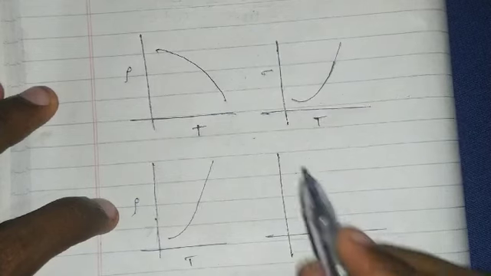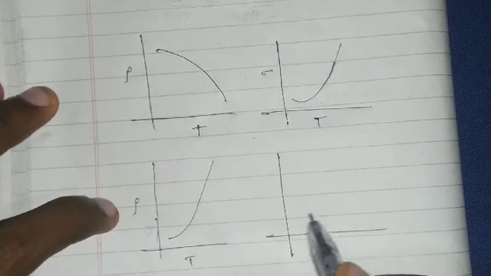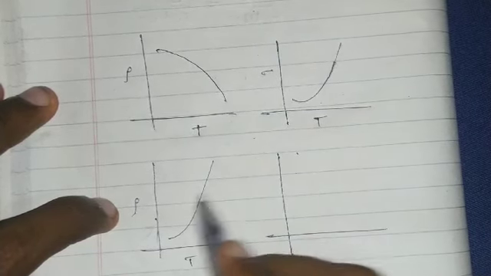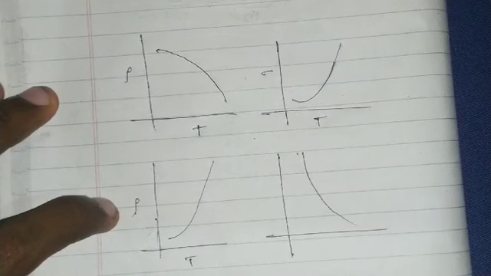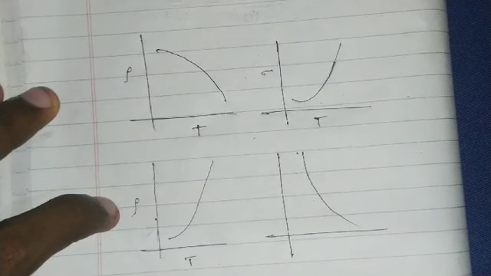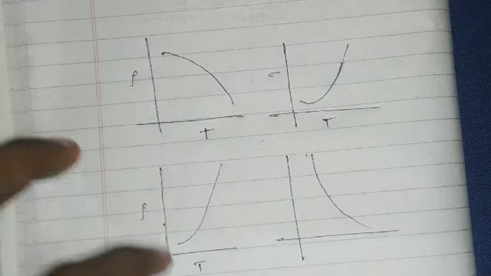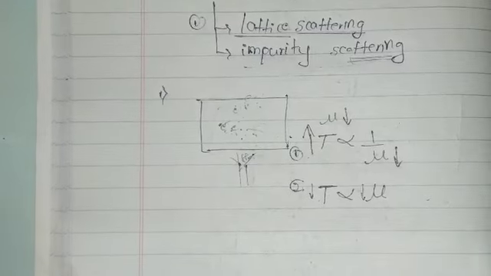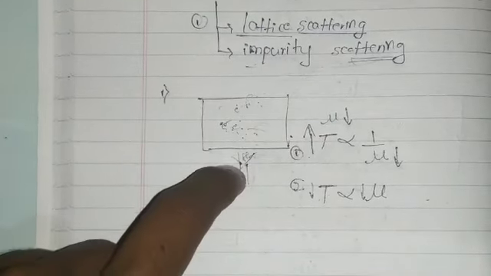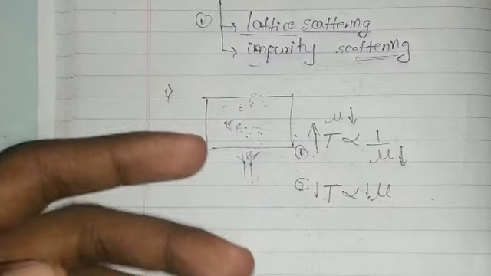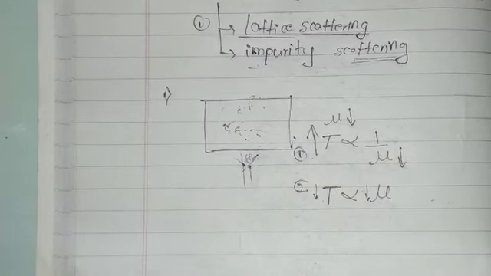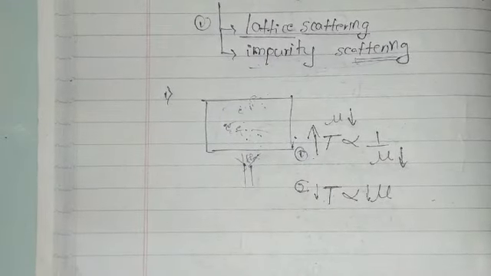And here if we draw the temperature versus conductivity for the metals, exactly opposite means it's like this. Okay, this is the graph. You need to remember this one: what is lattice scattering and impurity scattering, and the effects of temperature on the mobility. Thank you.